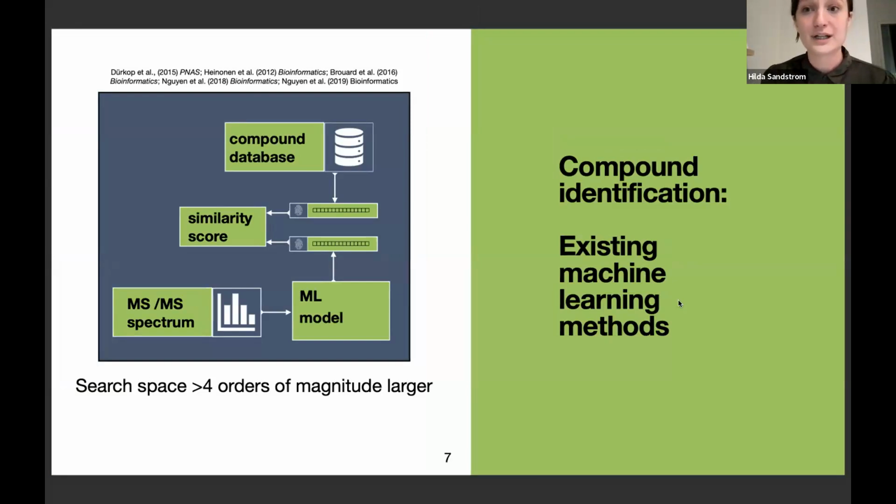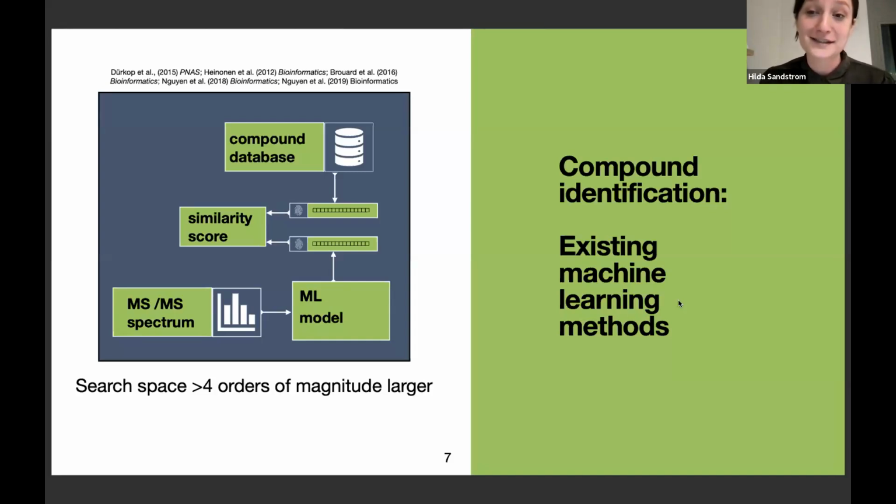Today, most machine learning methods use a similar schematic that you can see in this slide, where a spectrum, for example, a tandem spectrum, is used as input to a machine learning model, and the model then translates this spectrum representation into a molecular representation, which we typically refer to as a molecular fingerprint. The molecular fingerprint is a high-dimensional vector of ones and zeros.